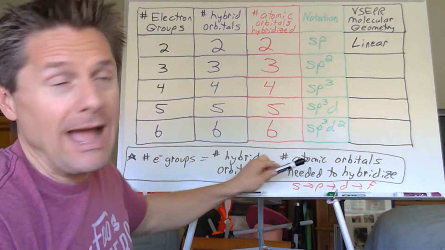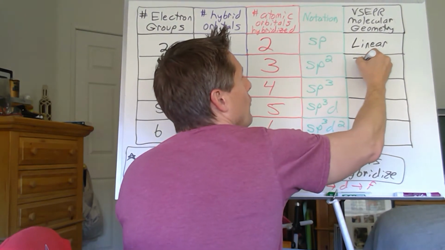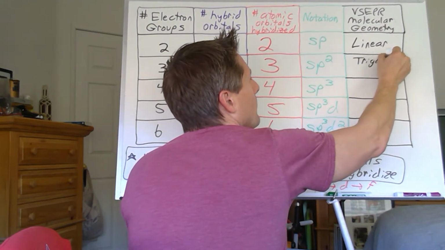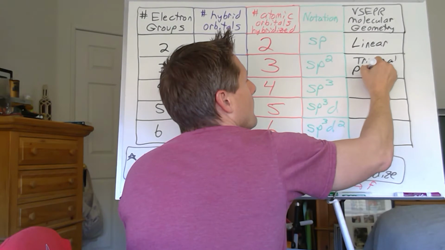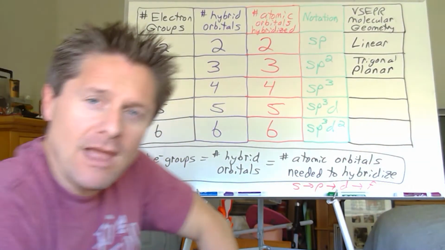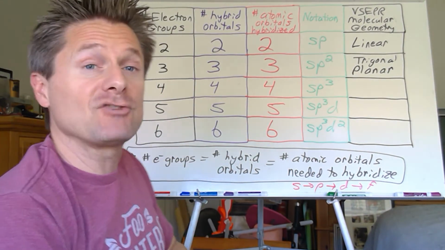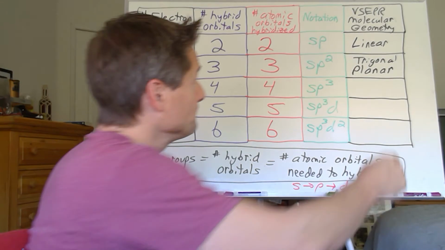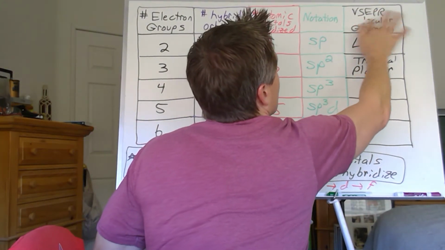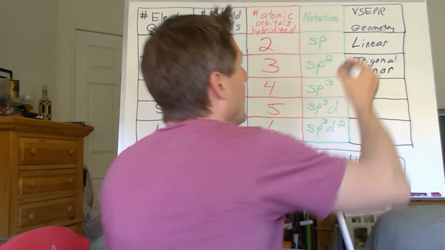Do not overcomplicate it. Of course, if we've got 3 electron groups, remember that's trigonal planar. If you don't remember that, go look at the video on the molecular geometries. If we have 4 electron groups, that electron group geometry, actually, that's not molecular geometry. That's electron group geometry.